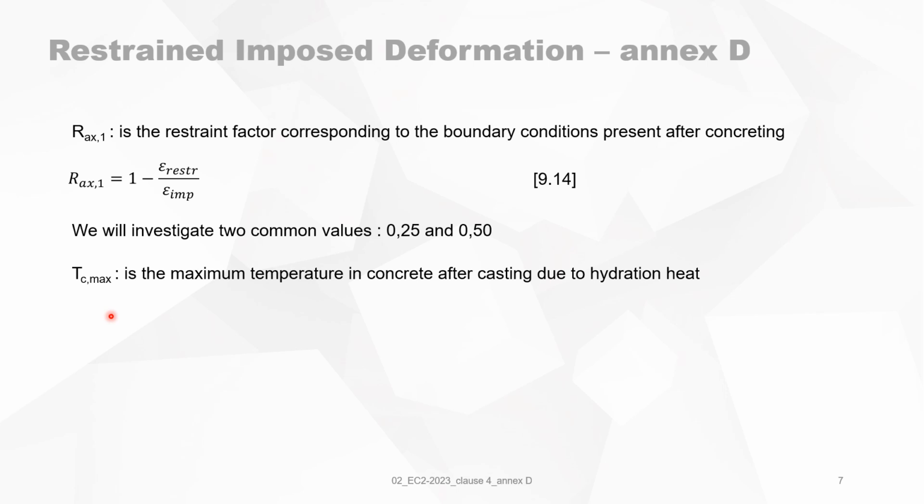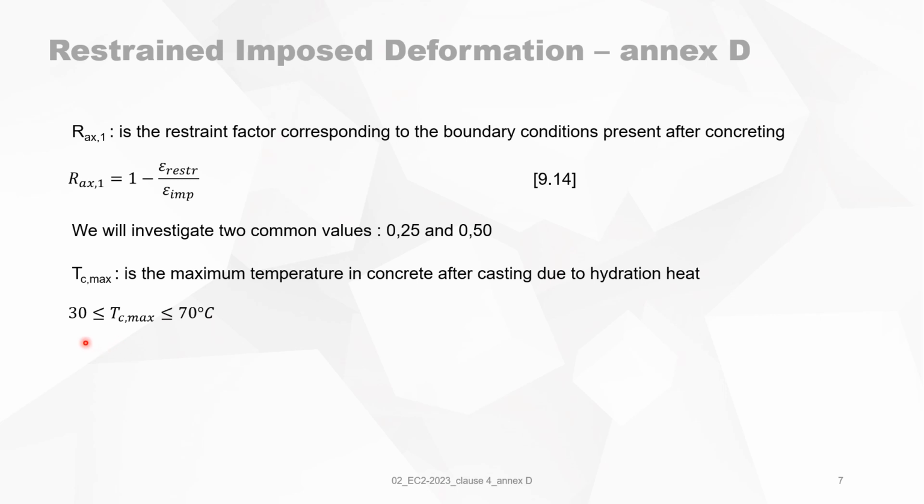TC max is the maximum temperature in concrete after casting due to hydration heat. From practice, we know that the maximum temperature in concrete after casting, of course, depends on curing conditions, on weather conditions, and on how you put the concrete in place.